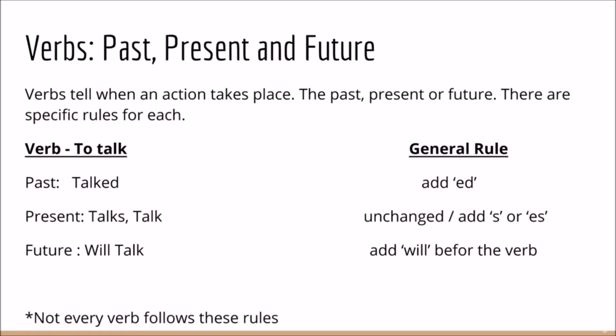And the last one is the future. This is things that are going to happen but have not yet happened. And this one's very easy. All we do is add the word will in front of the verb. So will talk. So one more time. Past, ed; present, either it's unchanged or we add s; and future is will.